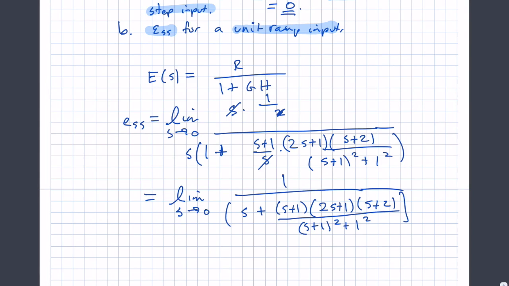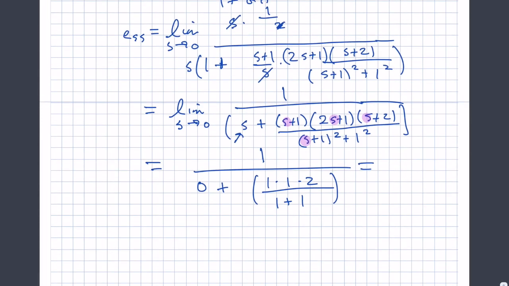Because that canceled, this is no longer going to have an infinity term in it. Okay, so we plug in S equals 0, and what I end up with is a 1, and then for this you get 0 plus, and you plug into this term, just plugging in for all the S's, and on the top you'd get 1 times 1 times 2 divided by 1 squared plus 1 squared.